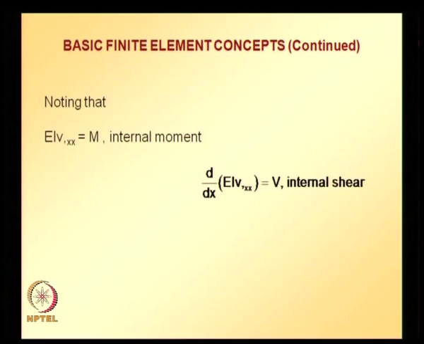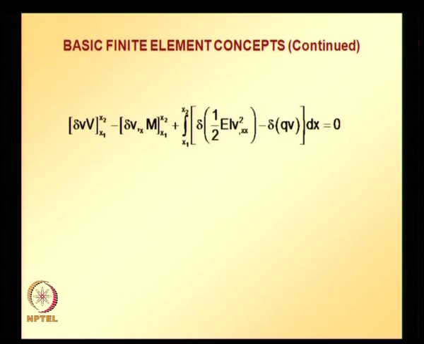In addition to this, we will be using this variational identity, which one can easily verify. Wherever the right hand term appears, we can replace it with the left hand side term. So, using these definitions of internal moment, internal shear and the variational identity, the previous equation can be rewritten in this manner.